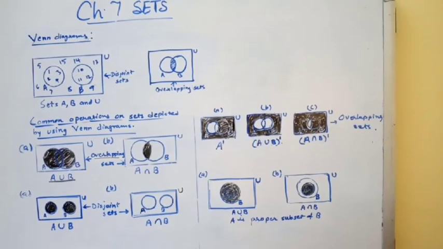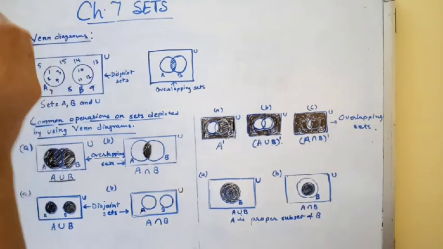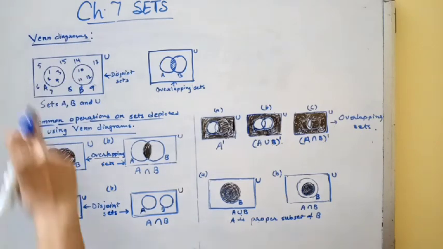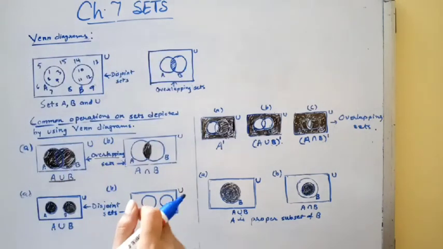Our next topic is Venn diagrams. John Venn introduced pictorial representation in set theory, and such figures are referred to as Venn diagrams. Certain important rules are followed while drawing these Venn diagrams.